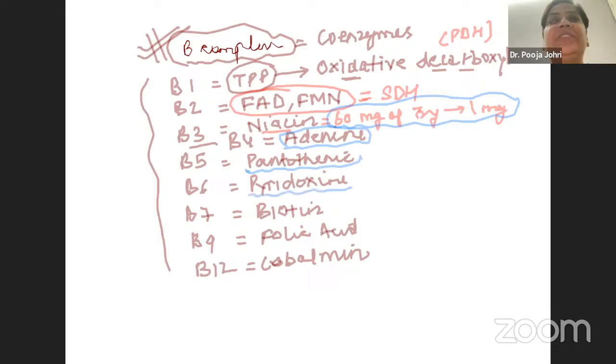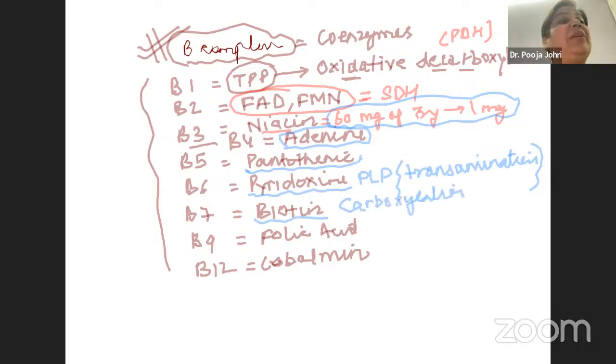B6 is pyridoxine, which stands for PLP. And can anybody tell me, PLP is the coenzyme used for what? PLP is the coenzyme for transamination. Very, very important. Transamination. Then B7, biotin. Biotin is required for carboxylation.